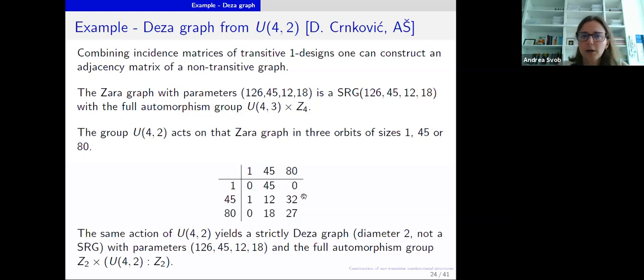So actually, we are gluing this orbit matrix for obtaining the adjacency matrix of a graph.